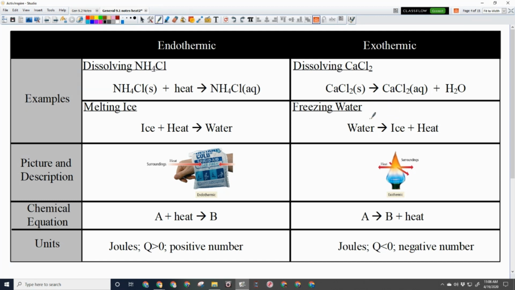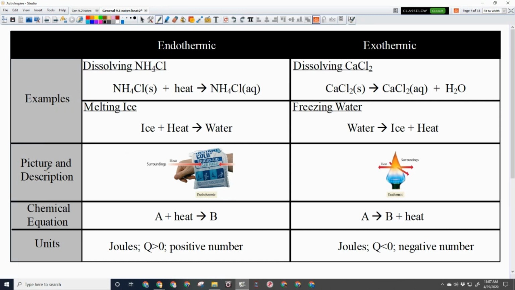So your freezer is drawing heat off of this water. There's really no such thing as hot and cold. It's just hot or less hot, because we're not adding cold to the water, we're removing heat from the water. So think about it as heat. We're either adding heat or removing heat.